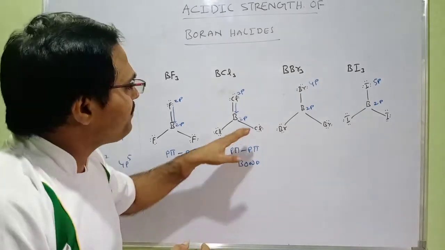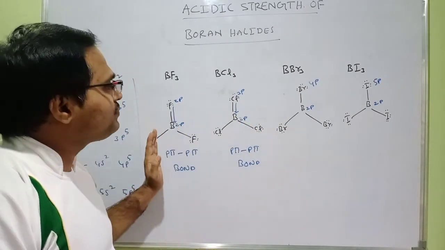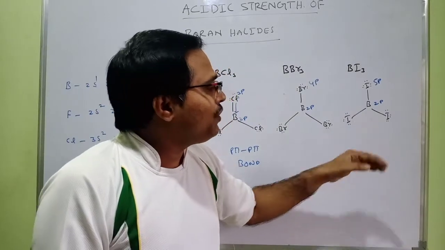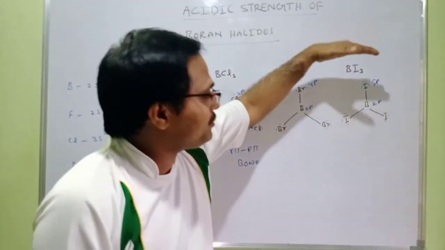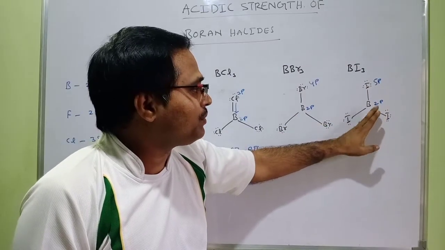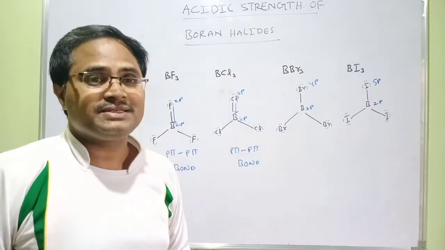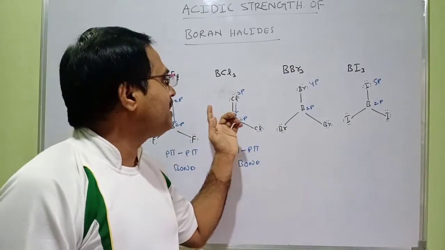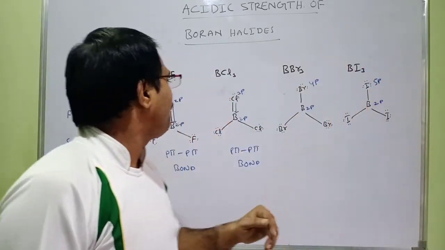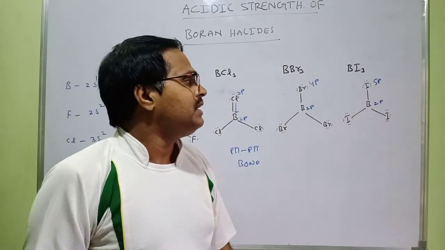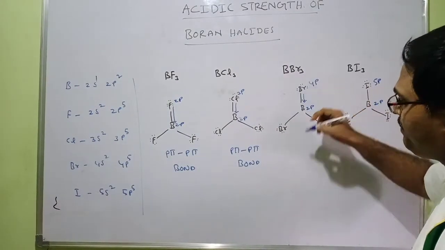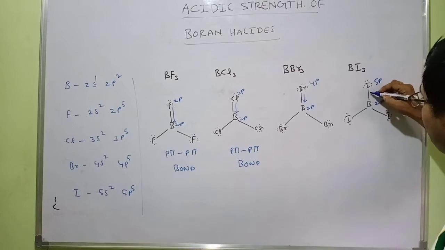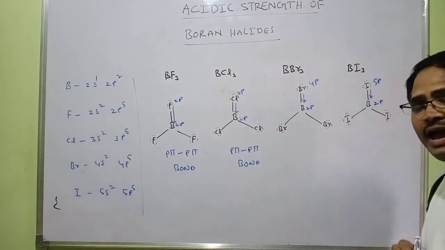Understand? So the same thing. When you're moving from BF3 to BI3, the overlapping between the p orbitals of halogen and the p orbital of boron will decrease because the size of the p orbitals gradually increases from fluorine to iodine. Here also back bonding happens. The p pi bond happens.